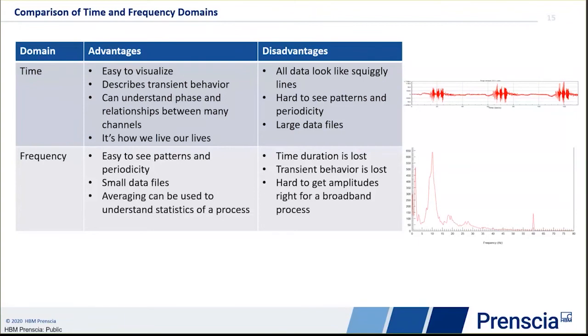It is easy to see the pattern and the periodicity. When I convert the time domain in the picture above into the frequency domain in the picture below, I can see the dominant frequency. Even though there are 3 blocks in the time domain signal, I have only one frequency domain pattern.